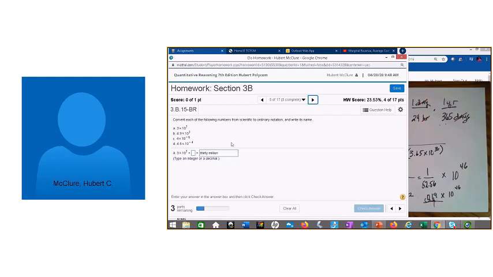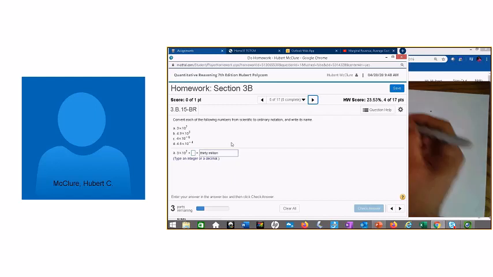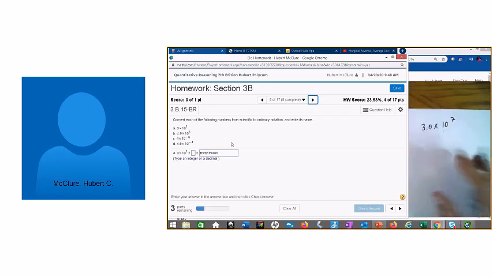You should be able to do it. I'll do the first one with you, but this isn't the one I want to get to, the ones that I would pick and flood the test with. 3.0 times 10 to the 7th.